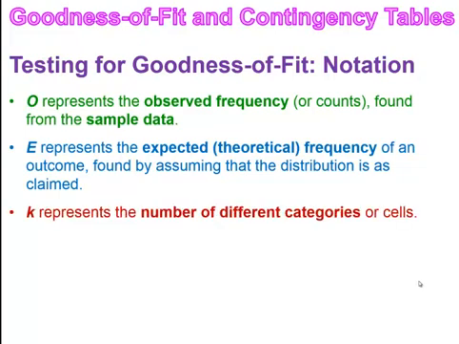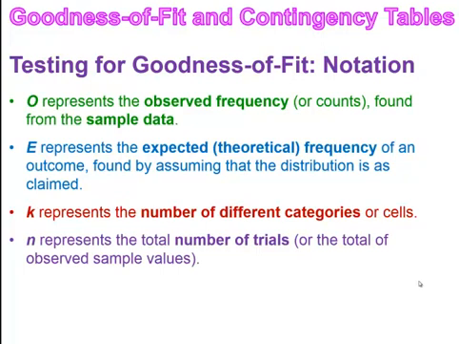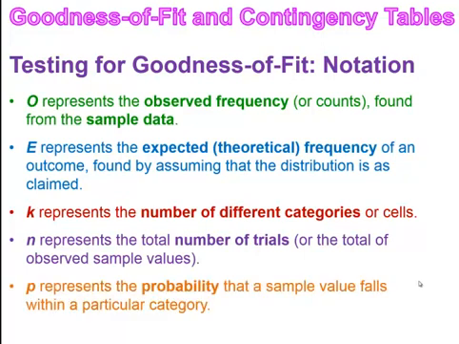The K will represent the number of different categories or cells. And the N will represent the number of trials or the total of the observed sample values. And then our lowercase p will represent probability, that a sample value falls within a particular category.